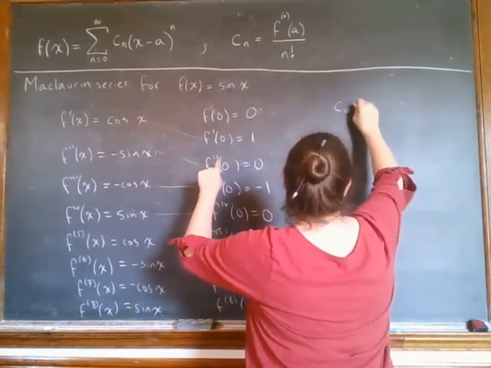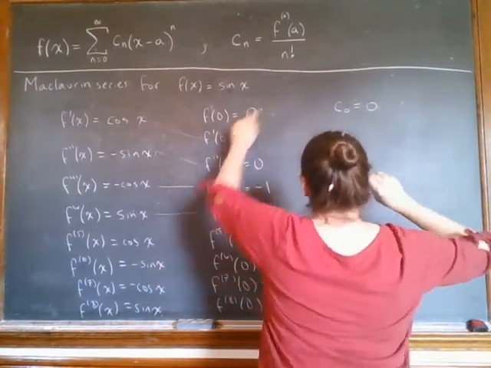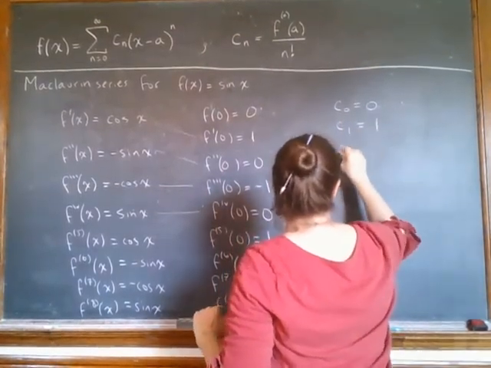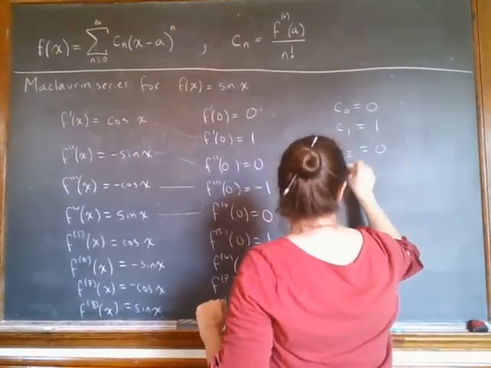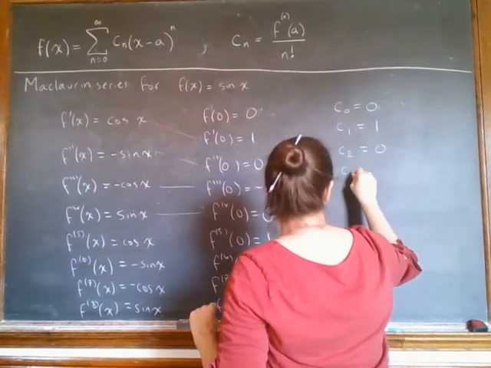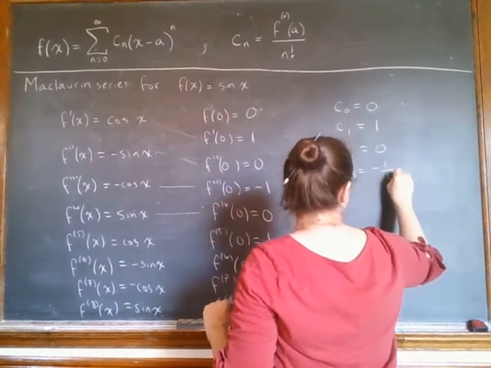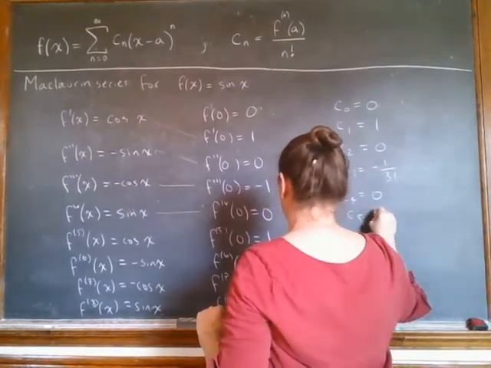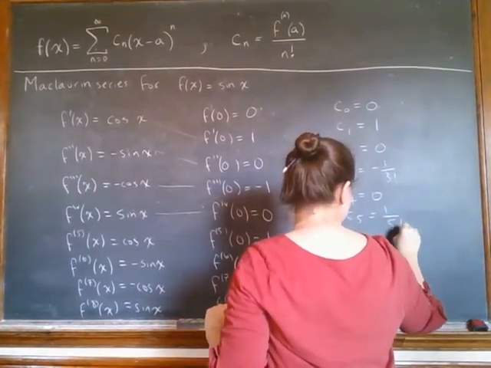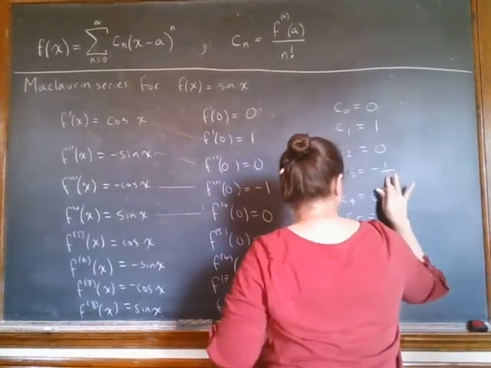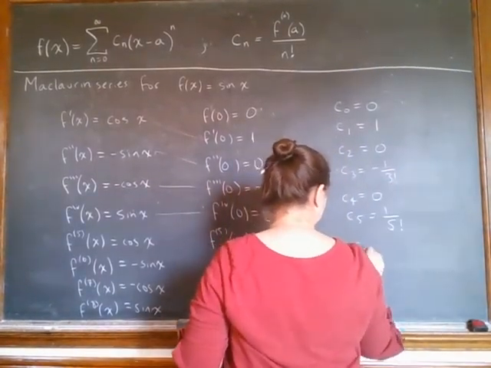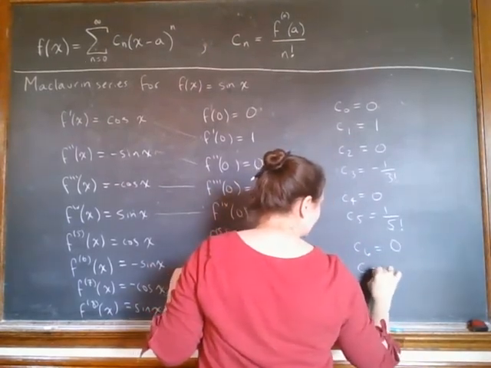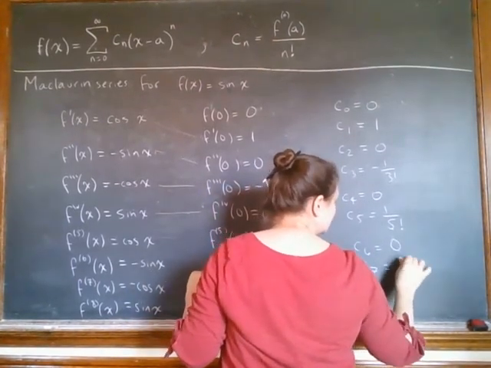Okay, so C0 is 0, because remember to get the Cn's, we have to divide by our n factorial. So if I just keep going through, C6 is 0, C7, my 7s are looking like Z's today.